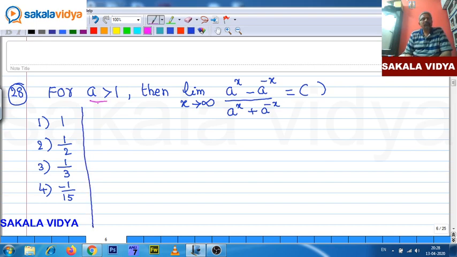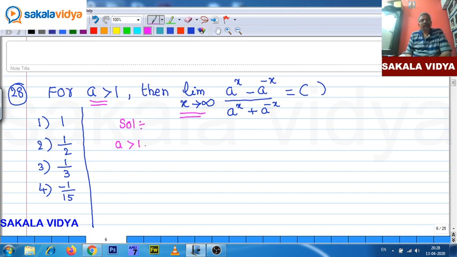If a greater than 1, then limit x extends to infinity, (a power x minus a power minus x) upon (a power x plus a power minus x). Here we have one condition.